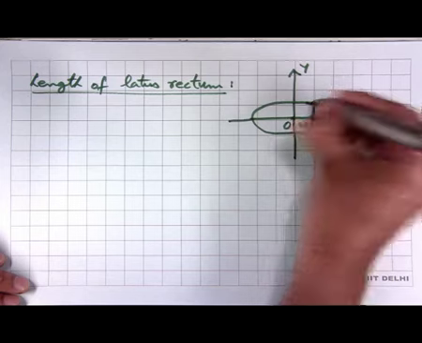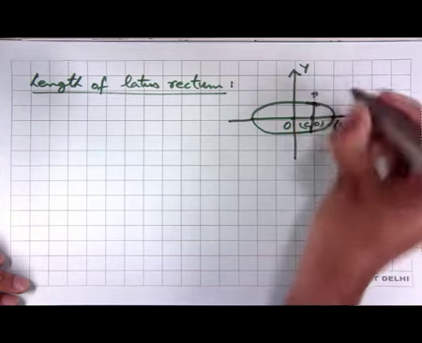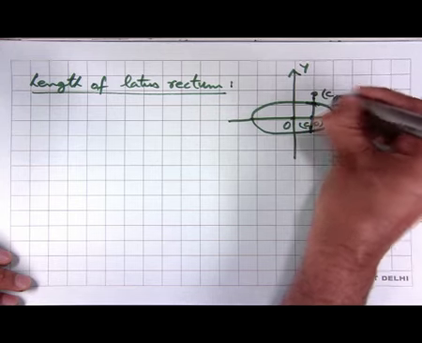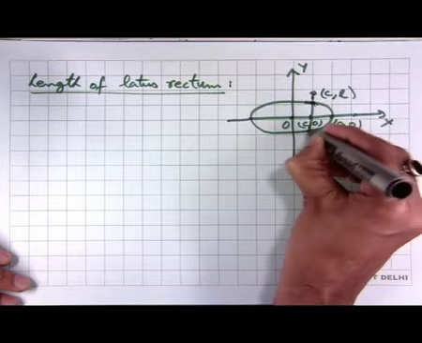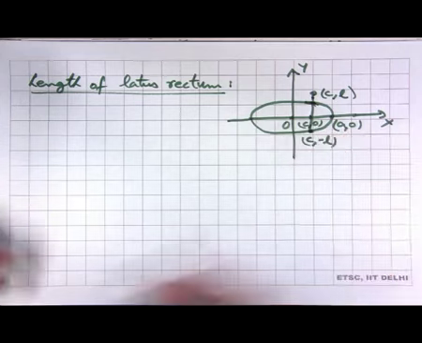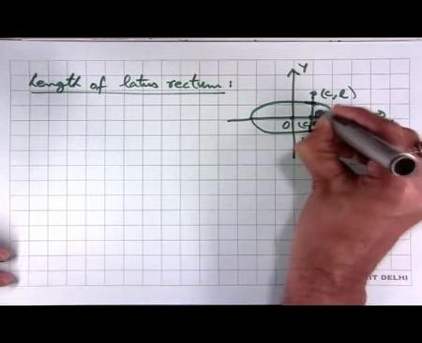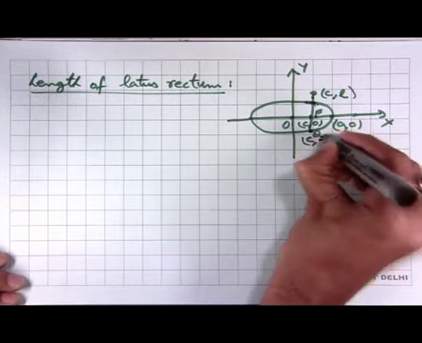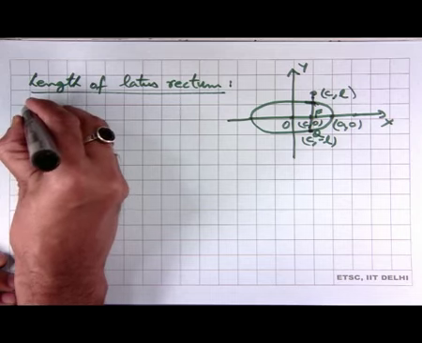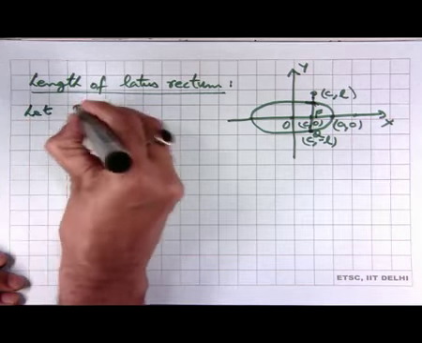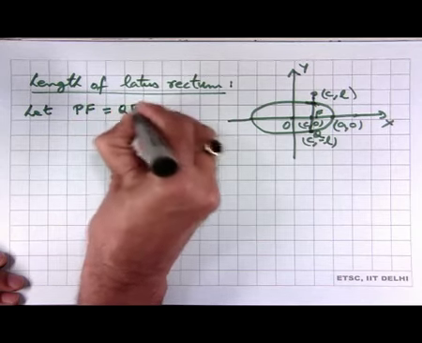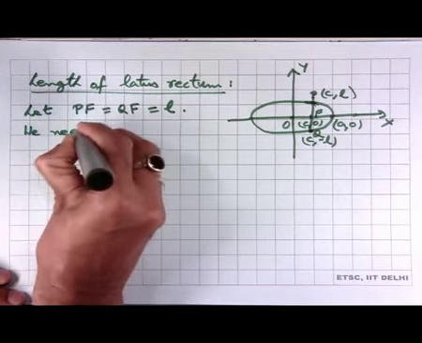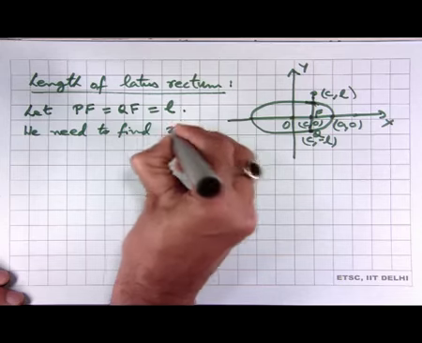Now, let us take this point P here, then P will have coordinates (c, L), and then this will be (c, minus L), this is let us say F. This is point Q. So, let PF equal QF equal L, then we need to find the length of latus rectum, which is 2L.